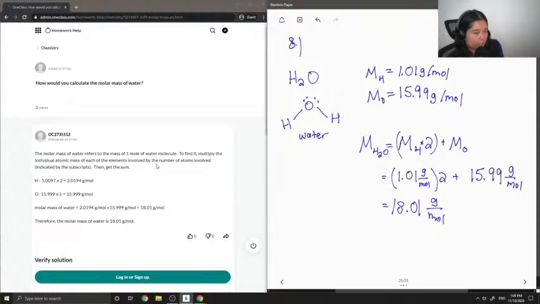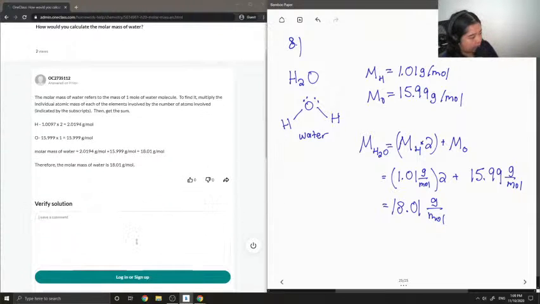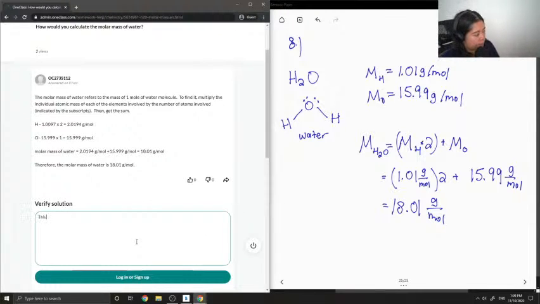So here they actually show that the molar mass of hydrogen is 1.0097 times 2, and they only had to multiply the molar mass of oxygen by 1. They added the 2 values together and also got 18.01 grams per mole. So this solution is correct.